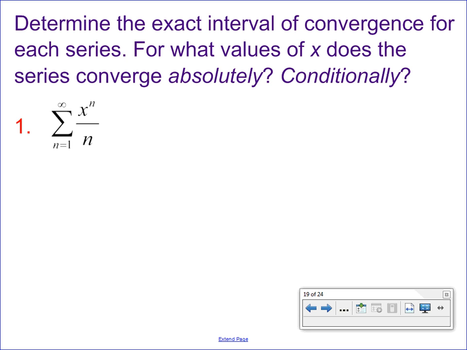I can go ahead and consider that ratio, and then with the absolute value set less than 1. And then I know if my ratio of the a sub n plus 1th term to a sub n is less than 1, then it's going to converge. So let's go ahead and start with the ratio test. The ratio test with absolute value bars will then give us an interval on which the series converges absolutely.